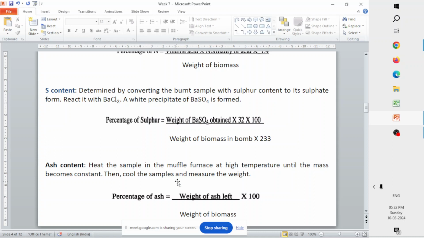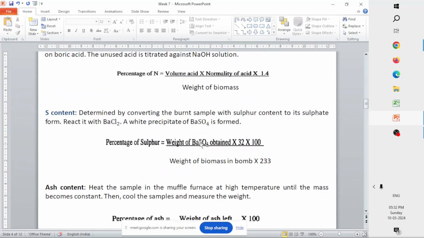Here you use a muffle furnace, because using the muffle furnace we will be able to reach very high temperatures, beyond 1000 degrees Celsius. With that you will be able to calculate the amount of ash present as residue after you burn the biomass sample.